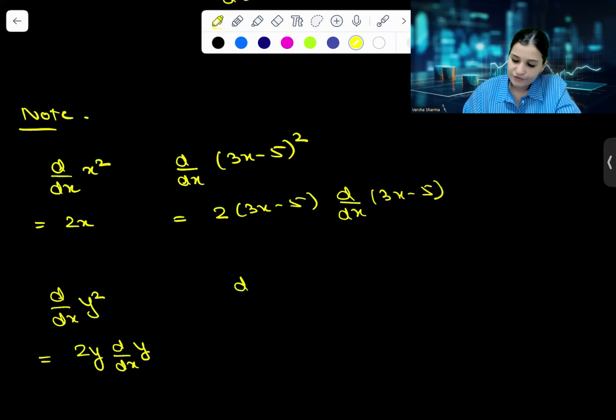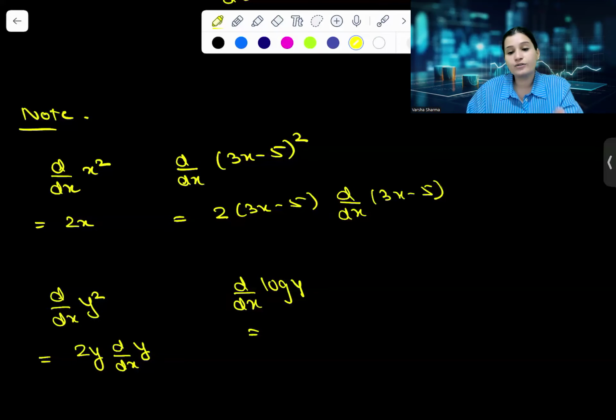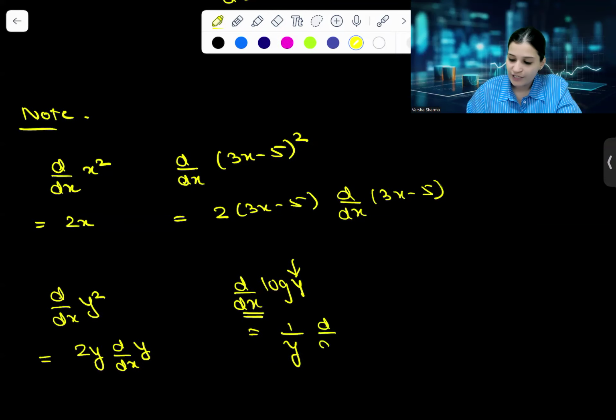If I would have been differentiating log y, log x is 1 by x, log y will be 1 by y. But here the variable was x, but in my sum it is y. So what is written instead of x? It should have been log x, but it's written log y. So we are going to differentiate y again, so dy by dx.